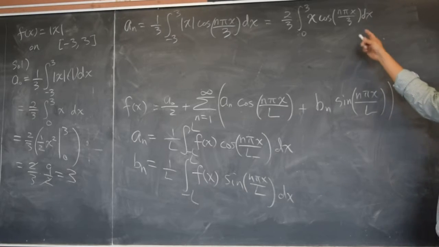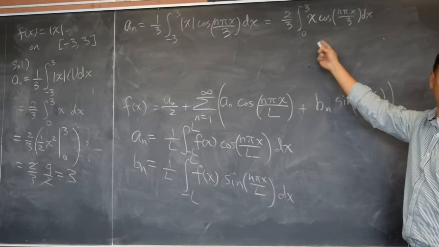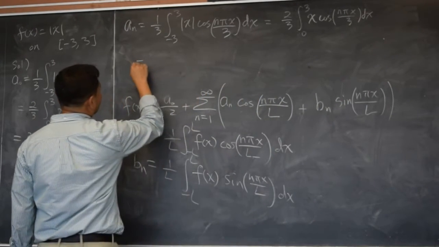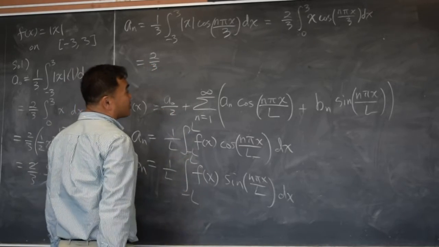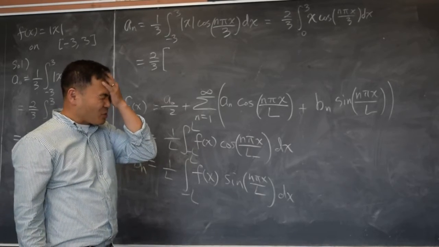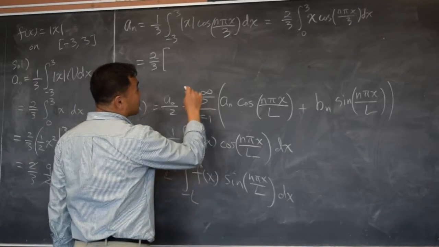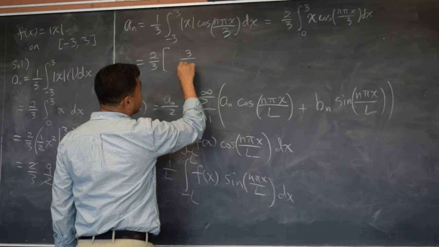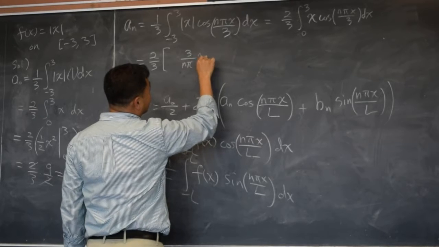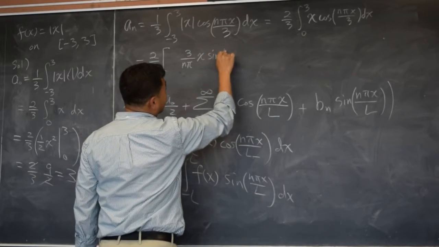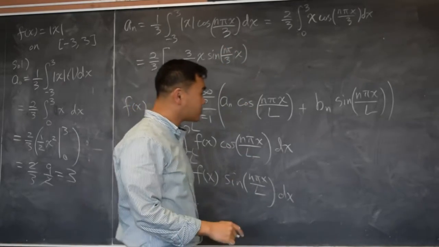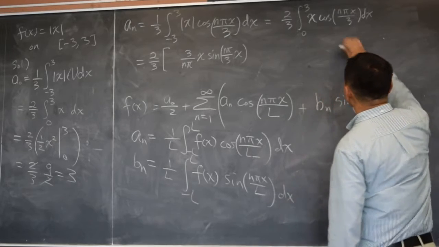And then here you have to use either tabular integration or integration by parts. Since I feel we did enough, I'll just do this in my head. You integrate cosine, it becomes sine, so it's 3 over n pi, x times sine n pi over 3 x.